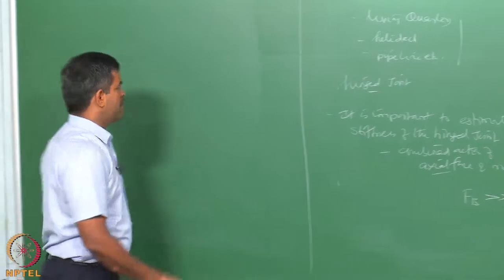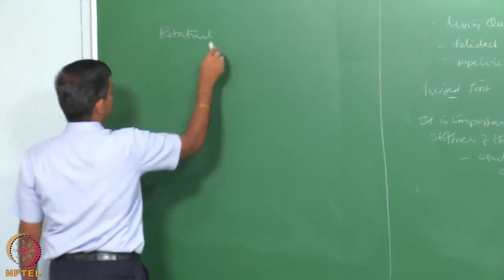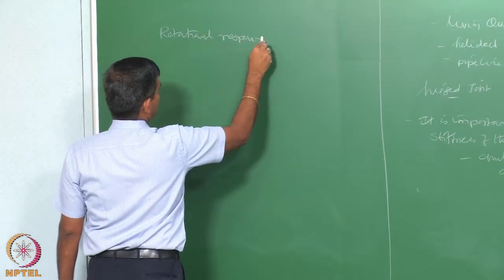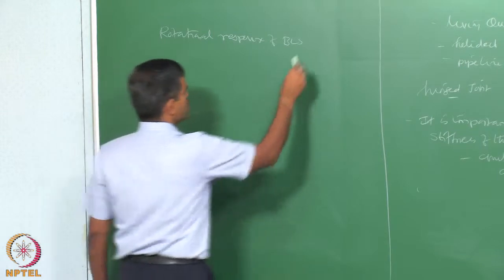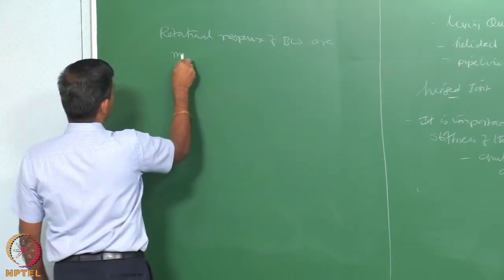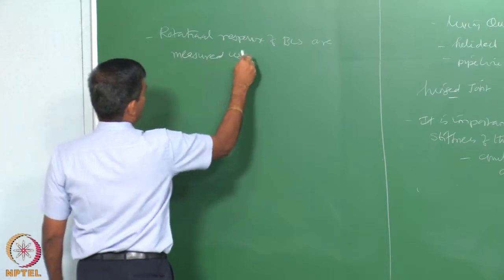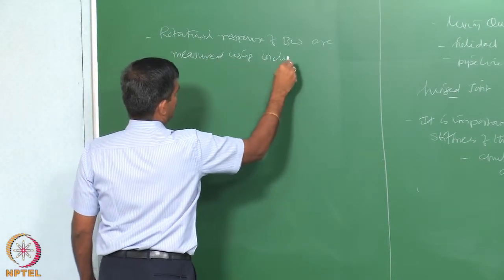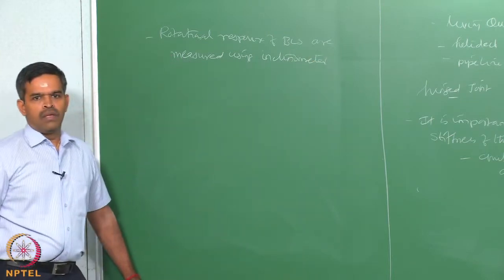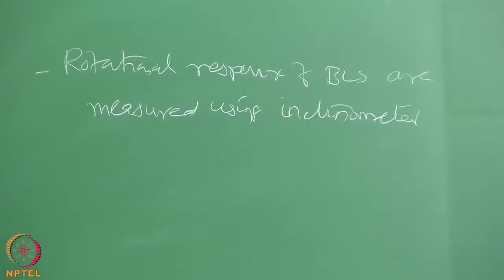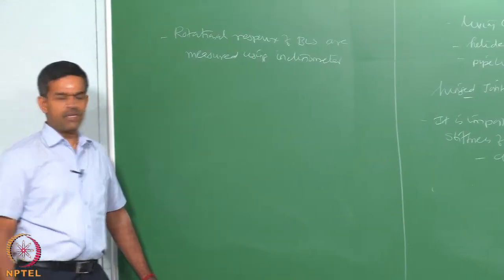The rotational response of the BLS is required to know the difference in the phi characteristics. The rotational response of the buoyant leg structures is measured using an inclinometer. Damping is estimated using the logarithmic decrement technique from the free oscillation of the BLS.